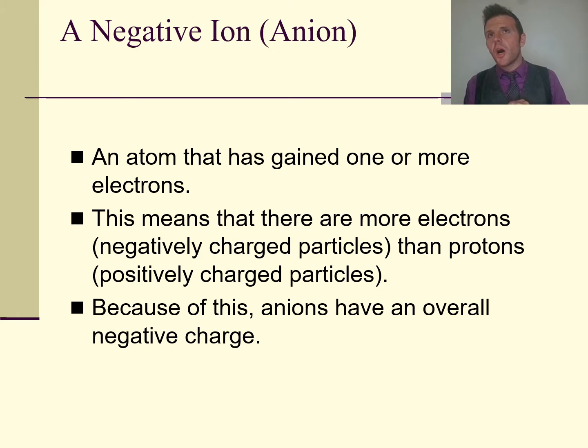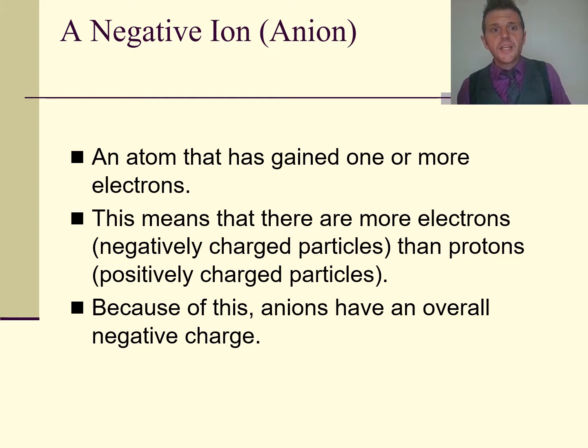So a coin has a dualistic nature. There's the side with the face, and then there's the side with the number, opposites. So ions are dualistic. Ions can be positive or negative. There's one or the other.